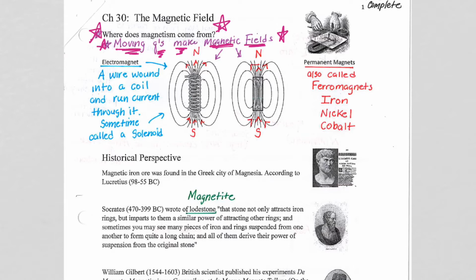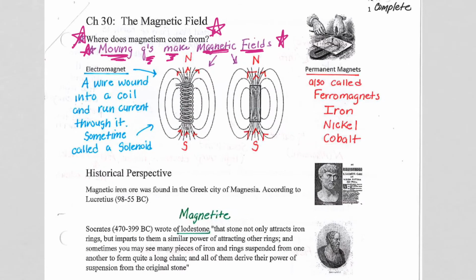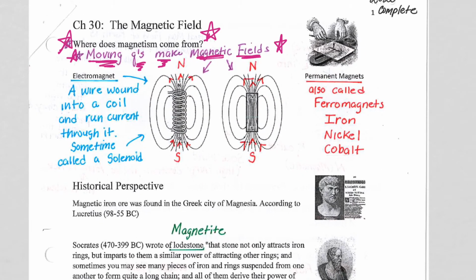Now, we will study it in more detail, just like we generated the F equals QE equation. We're going to generate force equations for how magnetic field lines move charged particles around. But for right now, let's just talk about some of what we see with magnetism in everyday life.